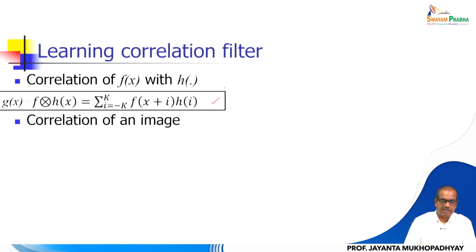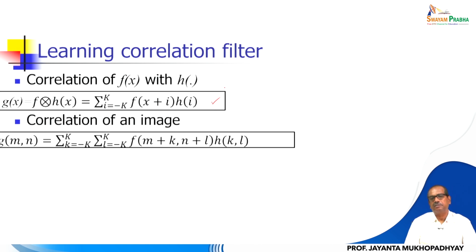That is what correlation is. In the image, you can also extend it to the two-dimensional case. It looks like convolution, but in convolution the mask is inverted, temporally or spatially, whereas in correlation it is in the same direction.